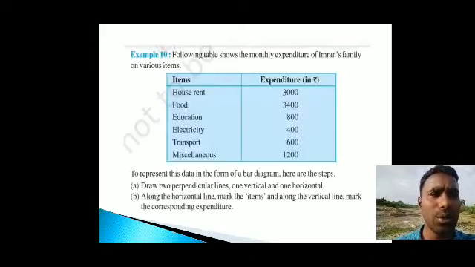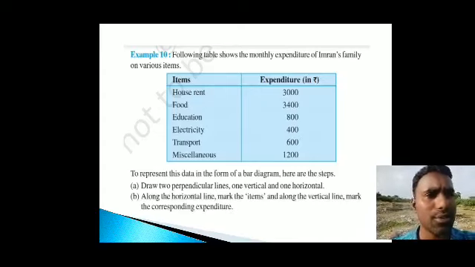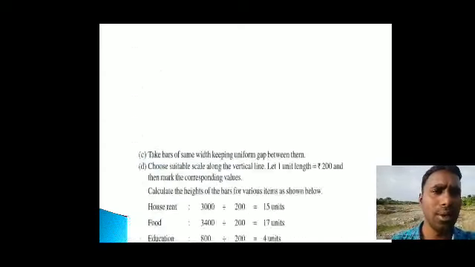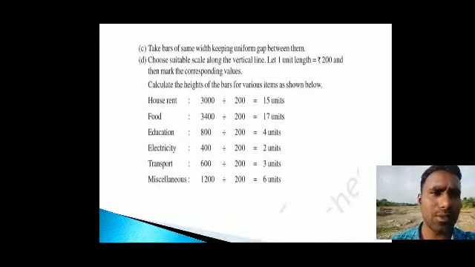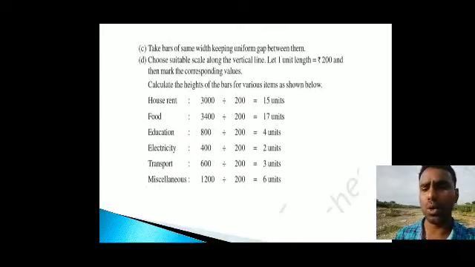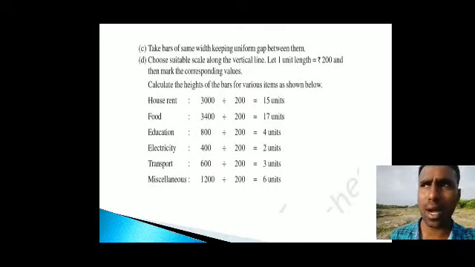First, you have house rent 3000 rupees, food 3400, education 800, electricity 400, transport 600, miscellaneous 1200. I have taken each unit as 200, but you can take 100 or 400, whatever it is.